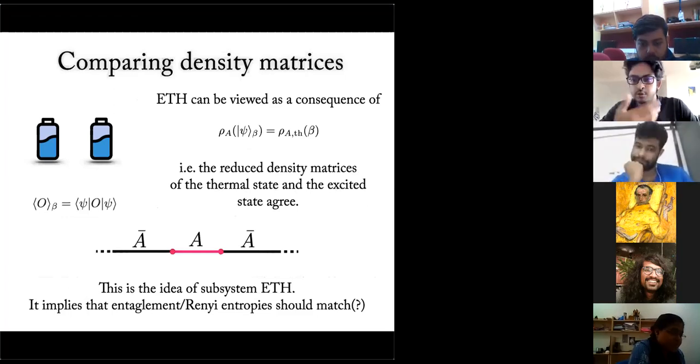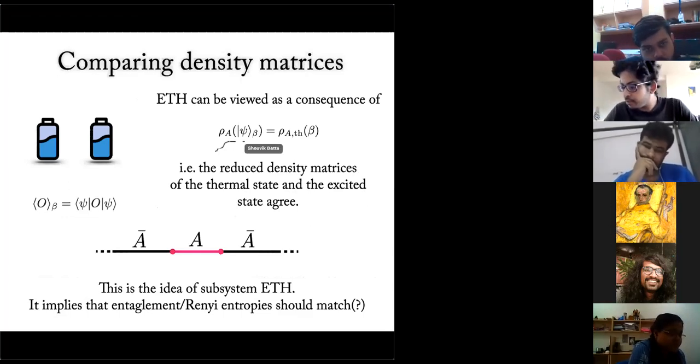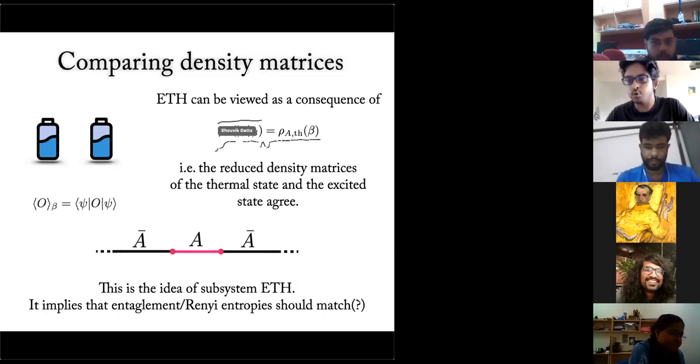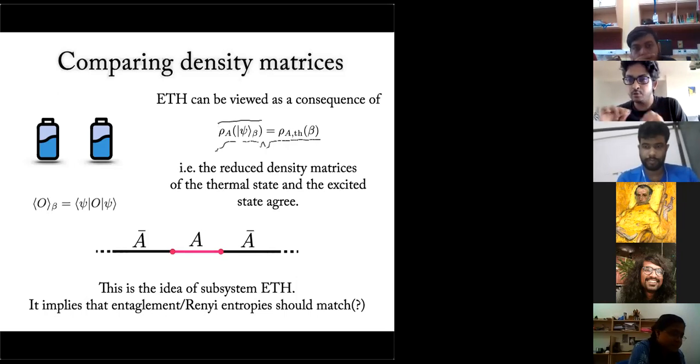We discussed a little bit about entanglement entropy. As I was saying, ETH can actually be viewed as a consequence of an agreement of reduced density matrices. You look at the reduced density matrix of an excited state, identify the energy of that excited state with the temperature in the usual way, which we talked about, and compare it to the reduced density matrix of a thermal state.